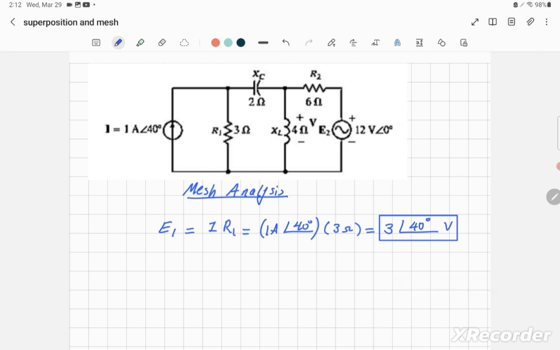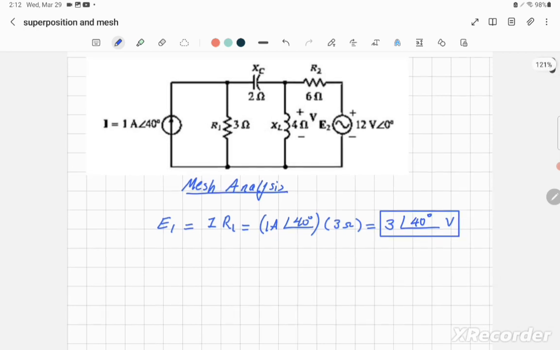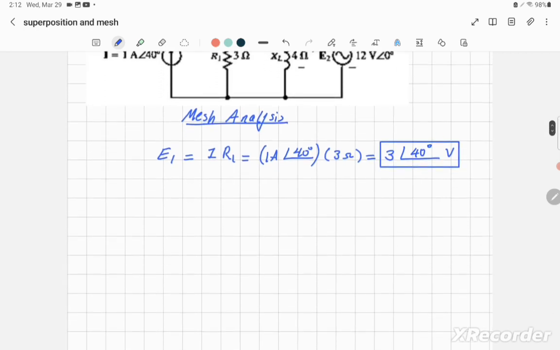Now I'll redraw the circuit using the equivalent voltage. So I will have the resistance in series with the voltage source, which is E1, equal to 3 at an angle of 40 volts, and the resistance is equal to 3 ohm. And we have a capacitor. The capacitor was 2 ohm, so it would be minus j2 ohm. That's the impedance.